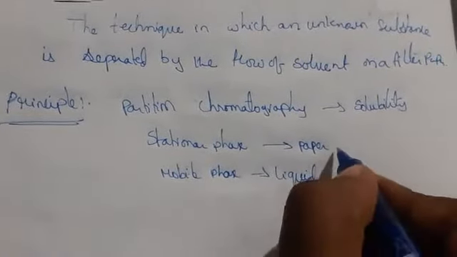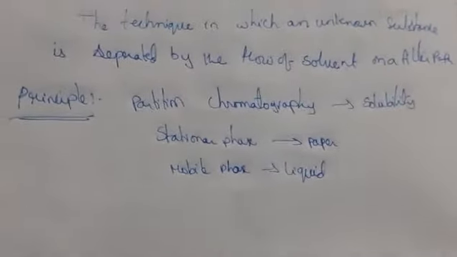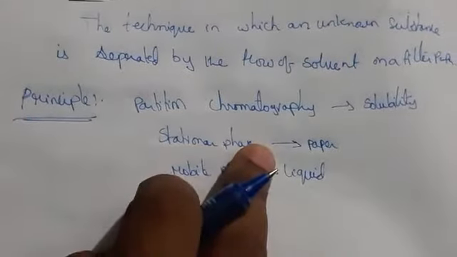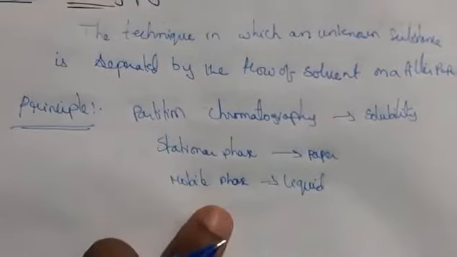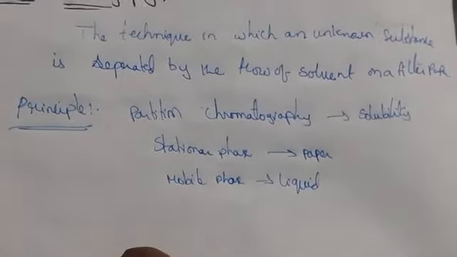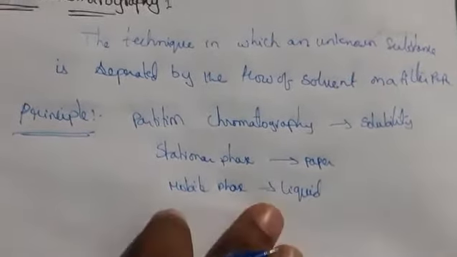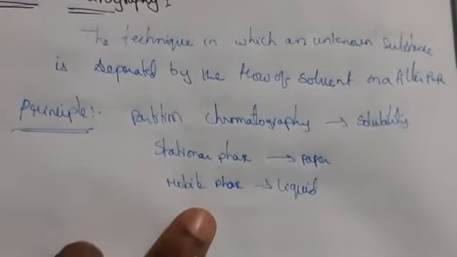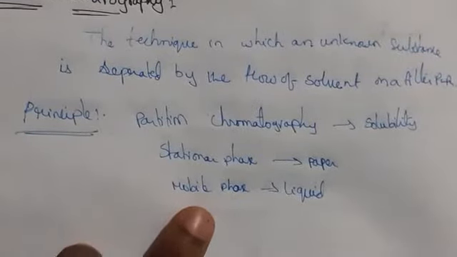The sample is also present on the paper. So this paper that we are taking is the stationary phase, with a solvent acting as the liquid, and another solvent is also used here.